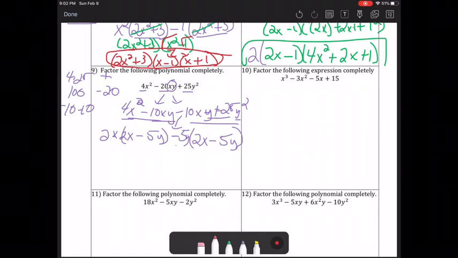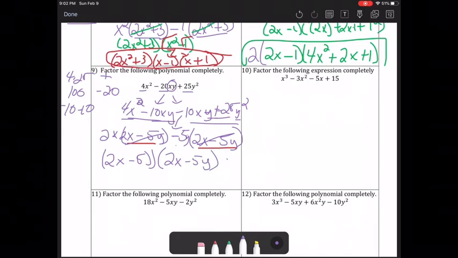How did I realize I made that mistake? I see that this is minus, so the second term should also be minus. They should match each other. So I apologize for all the mistakes. 2x minus 5y, so that they have those in common, times 2x minus 5y. Okay, and you can have this, or you can have 2x minus 5y squared.